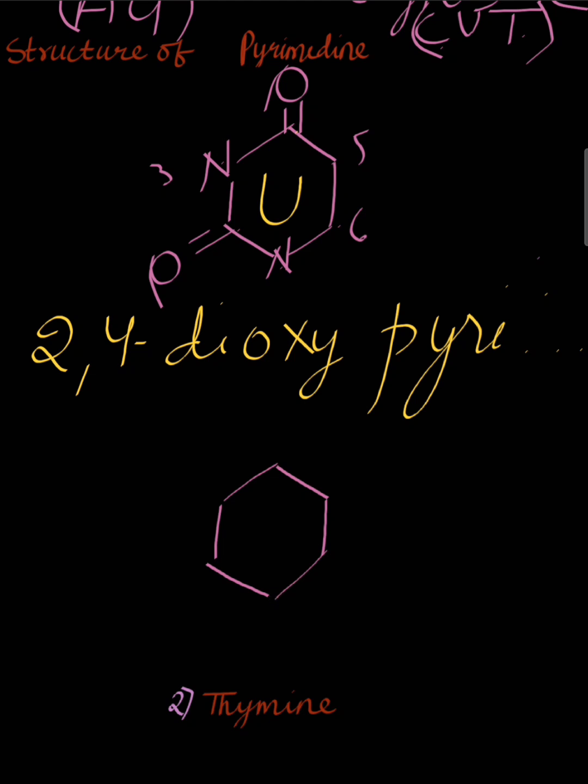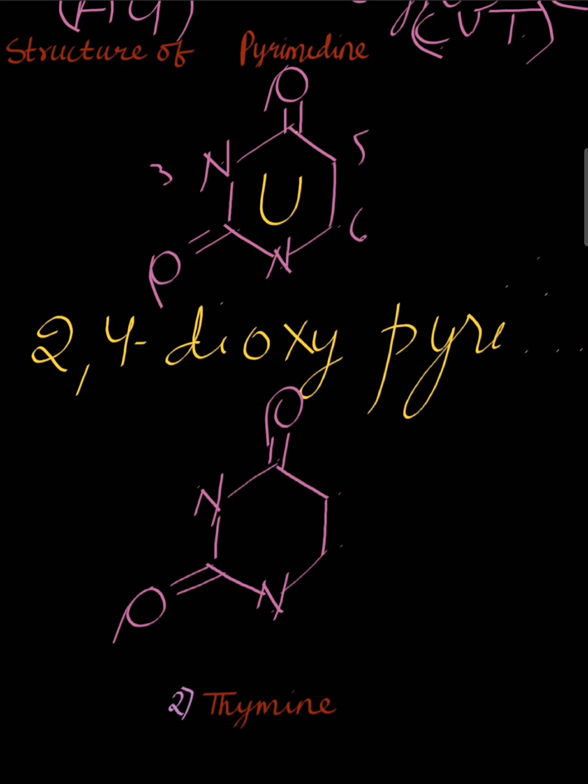Thymine is also very similar to uracil. It looks like a brother. So we're going to number from downwards: 1, 2, 3, 4, 5, 6. I'm not going to write the numbers. In the second position, there is an oxygen. In the fourth position, there is also an oxygen.